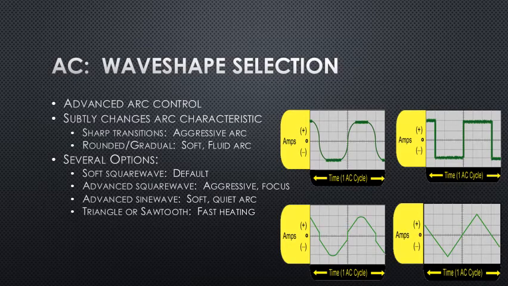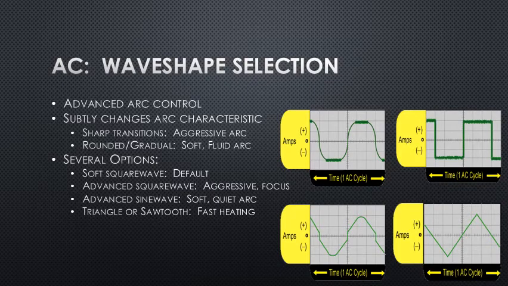Another advanced option that is out there includes AC wave shape selection, and the different waveforms that you see on the right-hand side of the screen include soft square wave, true or advanced square wave, advanced sine wave, and then what we call sawtooth or triangular waveform.